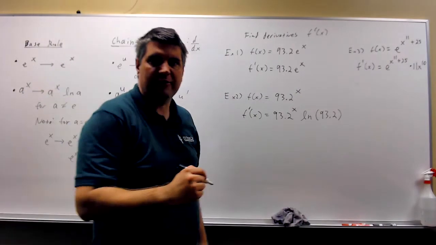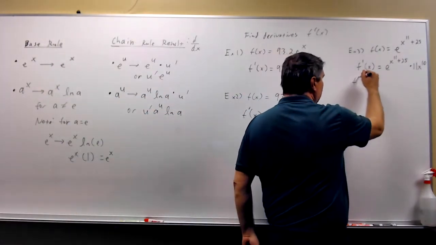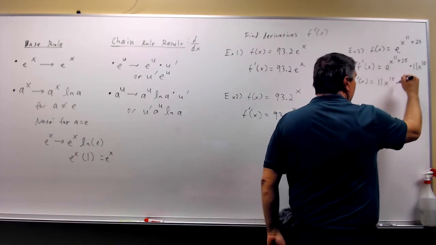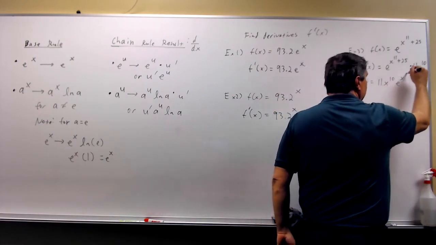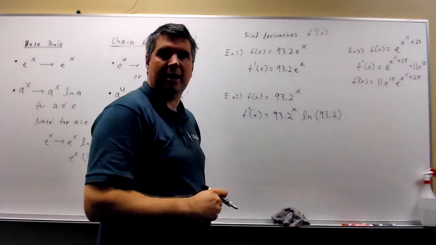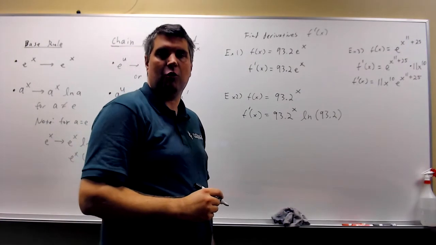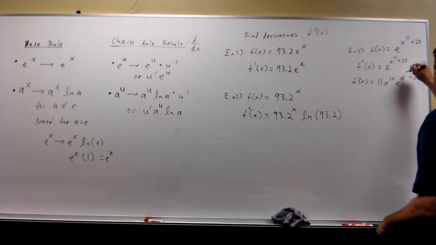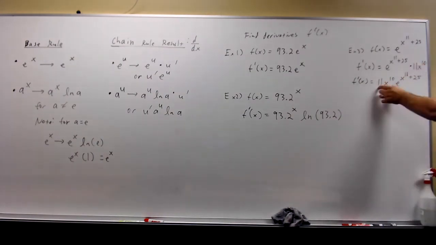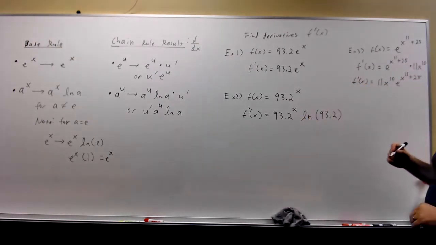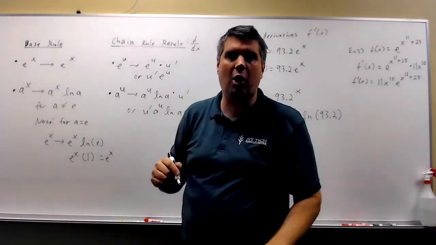So f prime of x would ultimately equal 11x to the 10th times e, and then the original exponent would stay as is. That's a pattern that I'm hoping everybody will quickly recognize: the original exponential expression always stays. Other things get tacked on, but the exponential expression always stays.